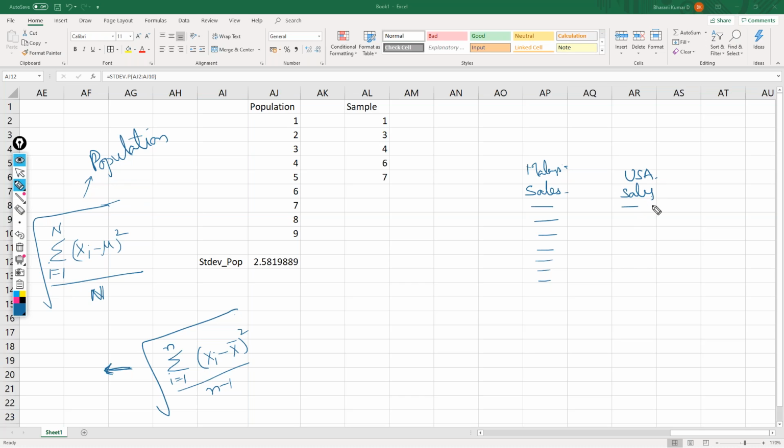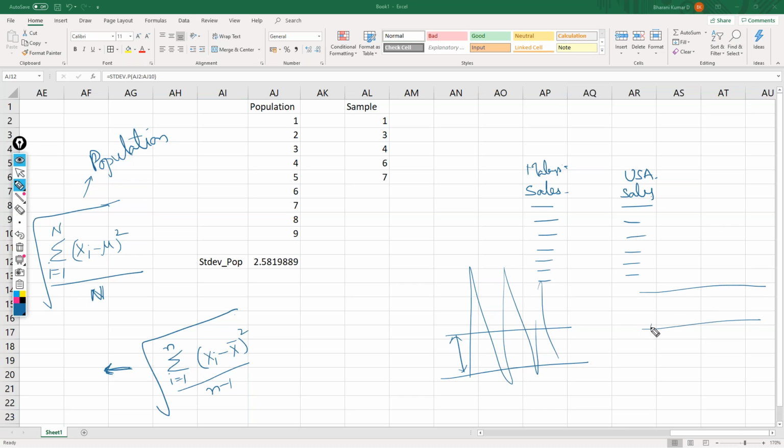Is the sales across these two locations more or less in the same range, or is the sales in Malaysia fluctuating a lot and in US the sales is not fluctuating a lot? Can I depend, or is there more certainty in the sales in US in comparison to Malaysia?